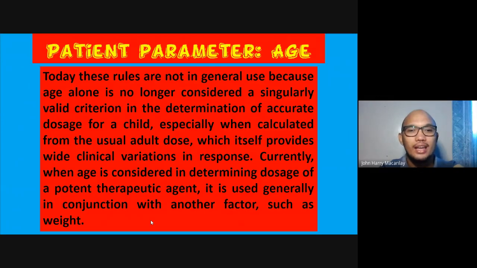Currently, when age is considered in determining dosage of a potent therapeutic agent, it is used generally in conjunction with another factor such as weight. For example, if patients have the same age but different weight, one overweight and the other underweight, they may have different dosing.